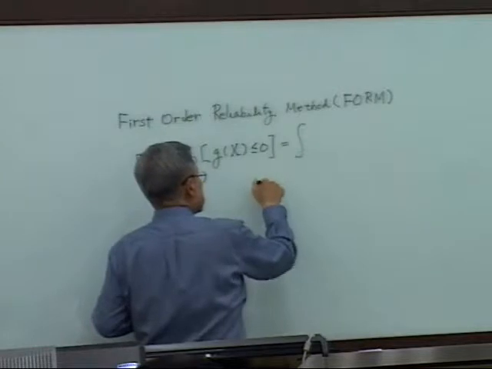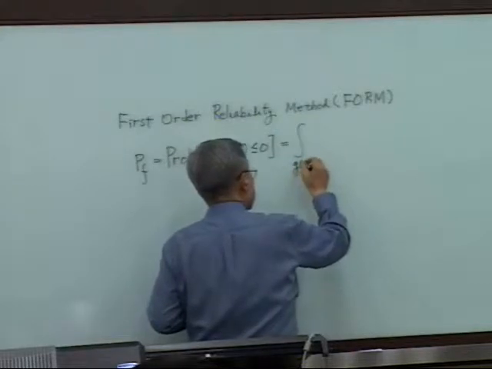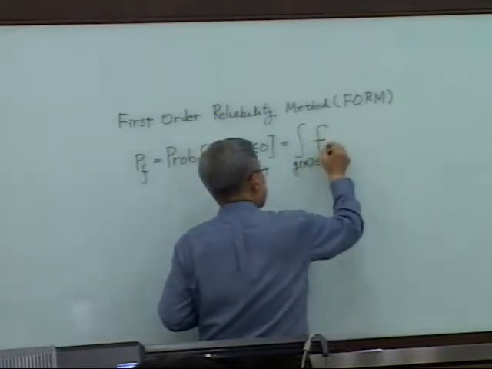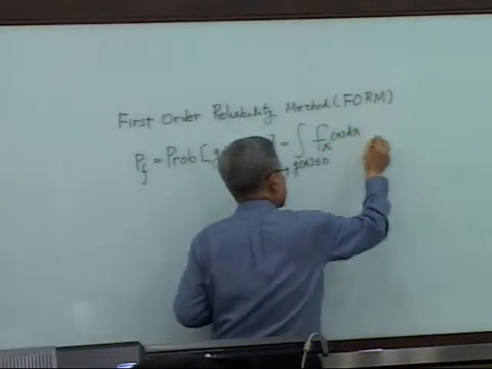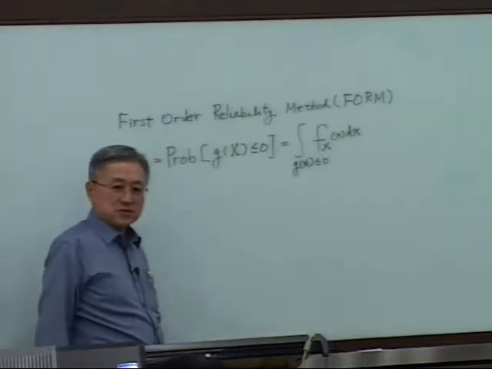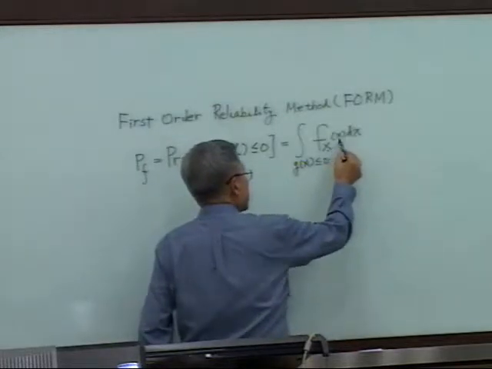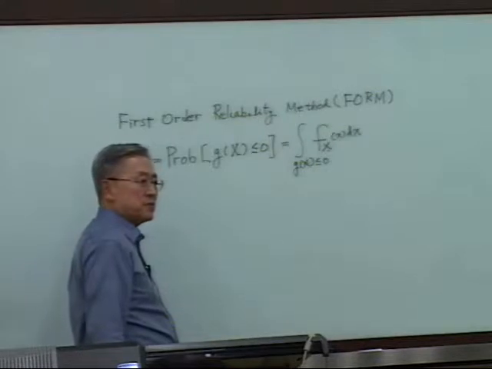This is the region, so I can say G(X) less than or equal to 0, F(x). Simply speaking, this is a compact expression, and of course this is multi-dimensional. That makes the whole solution very difficult.